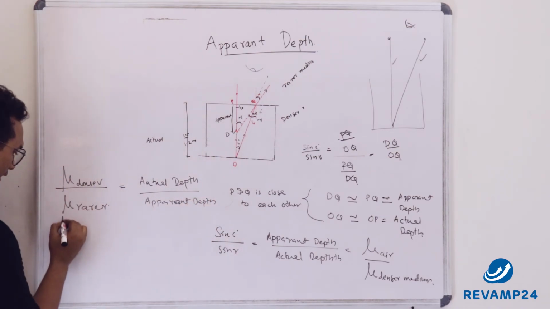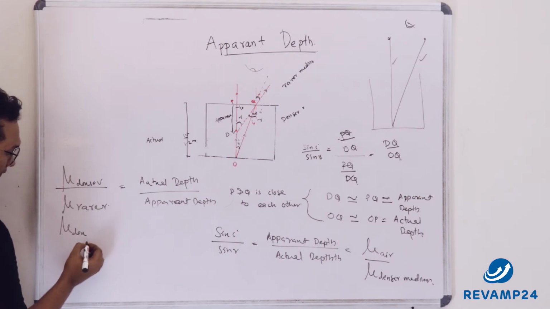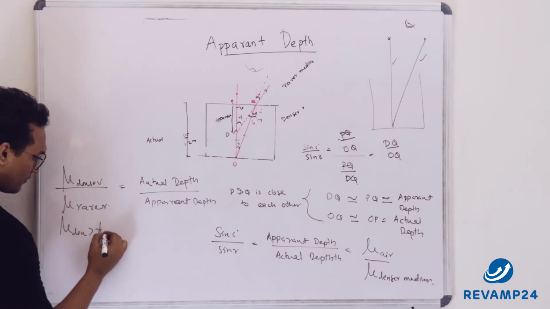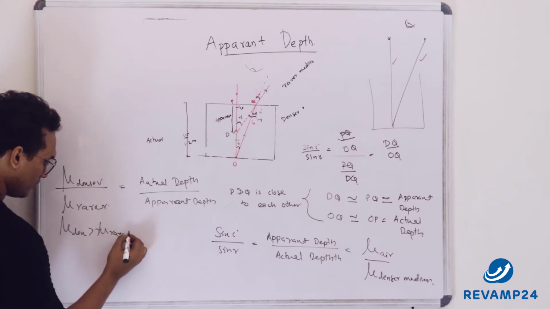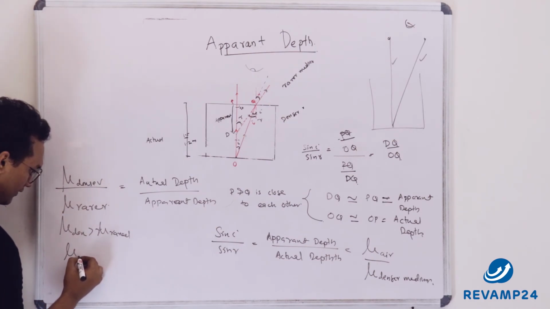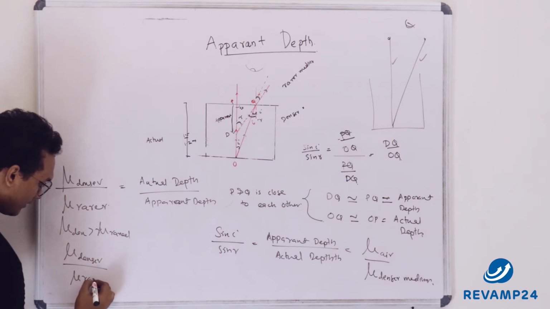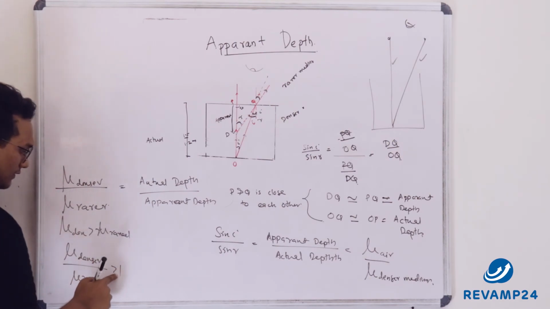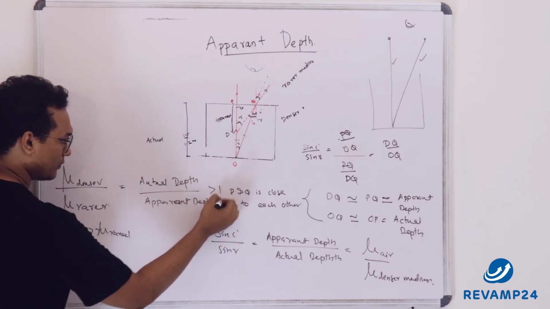And we know that refractive index of denser is greater than refractive index of rarer. So if this is greater than this, the ratio would be greater than 1. Refractive index of denser divided by refractive index of rarer would be greater than 1. If this is greater than 1, this would also be greater than 1.